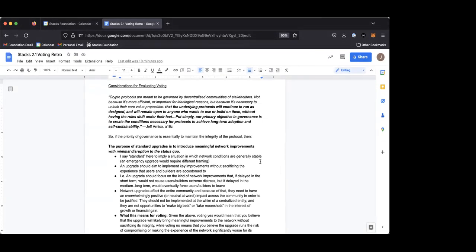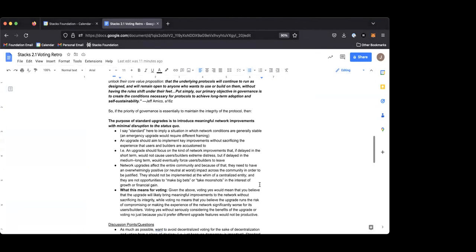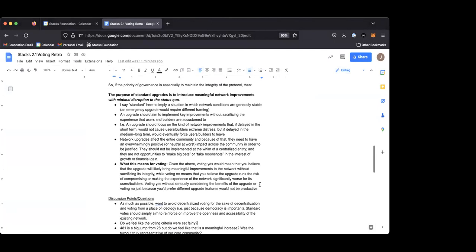He says, crypto protocols are meant to be governed by decentralized communities of stakeholders, not because it's more efficient or important for ideological reasons, but because it's necessary to unlock their core value proposition, that the underlying protocols will continue to run as designed and will remain open to anyone who wants to use or build on them without having the rules shift under their feet. Put simply, our primary objective in governance is to create the conditions necessary for protocols to achieve long-term adoption and self-sustainability.